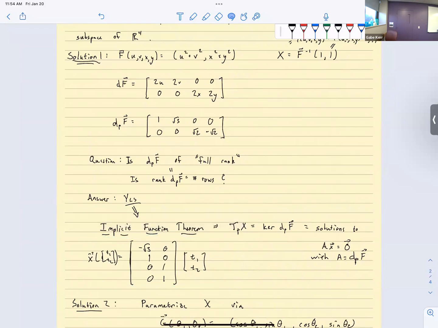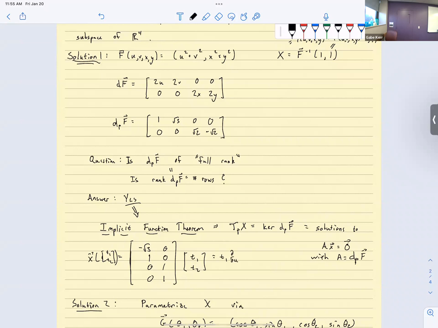Now, you can say, all right, what do I mean by this? If you write this out, this first column, I can write it out as T1.